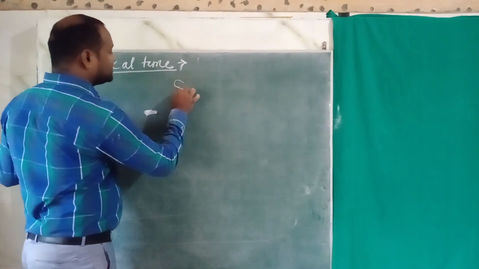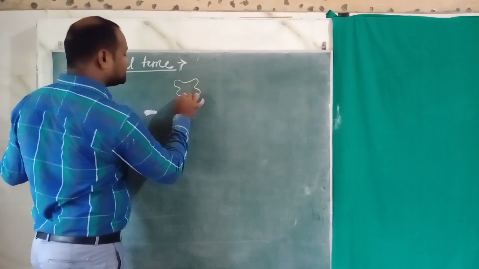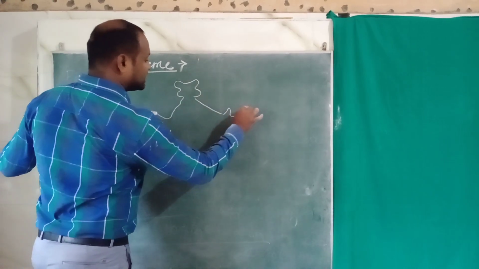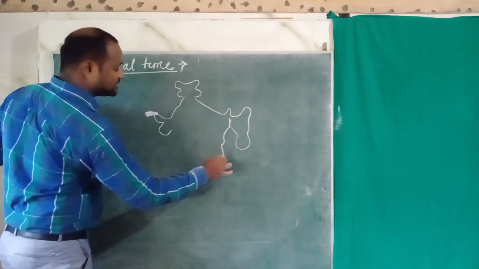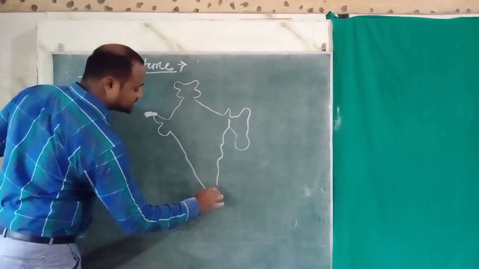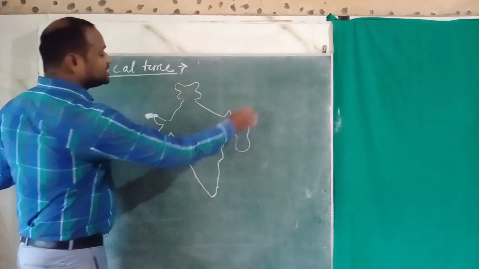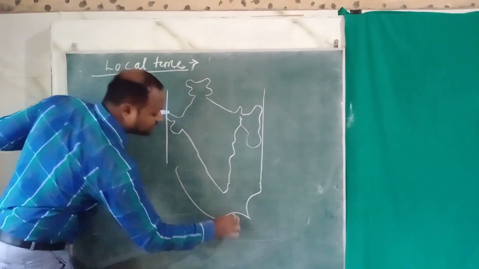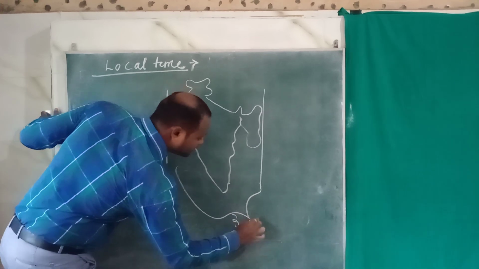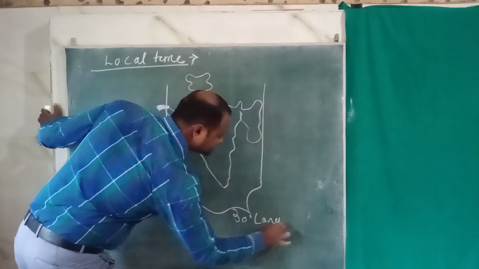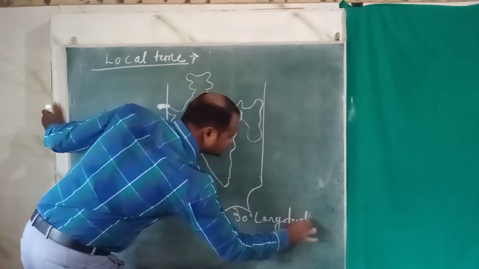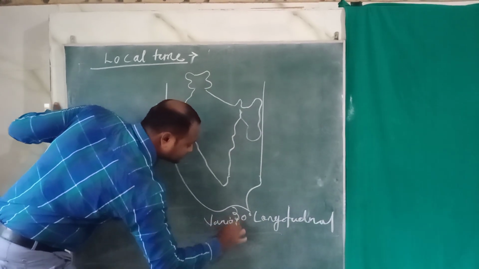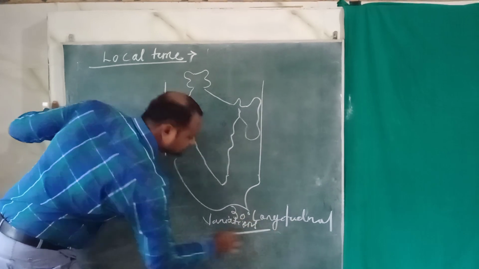Let me give you an example of standard time in India so that you can easily understand it. Student, here and here in between we have 30 degrees of longitudinal variation.